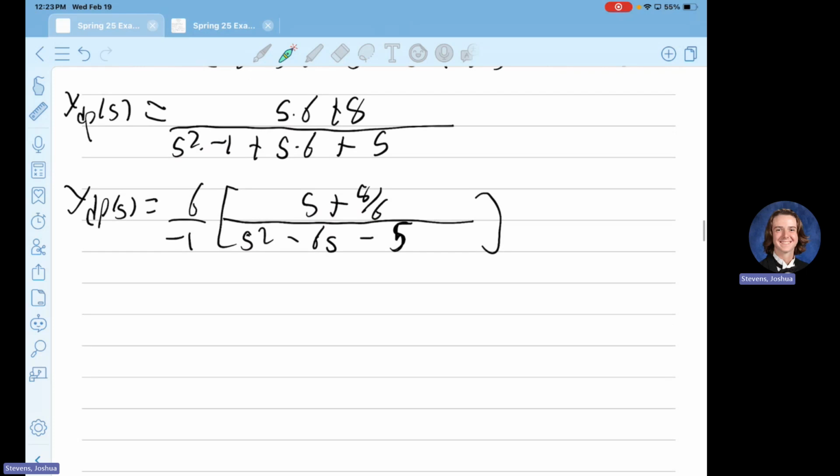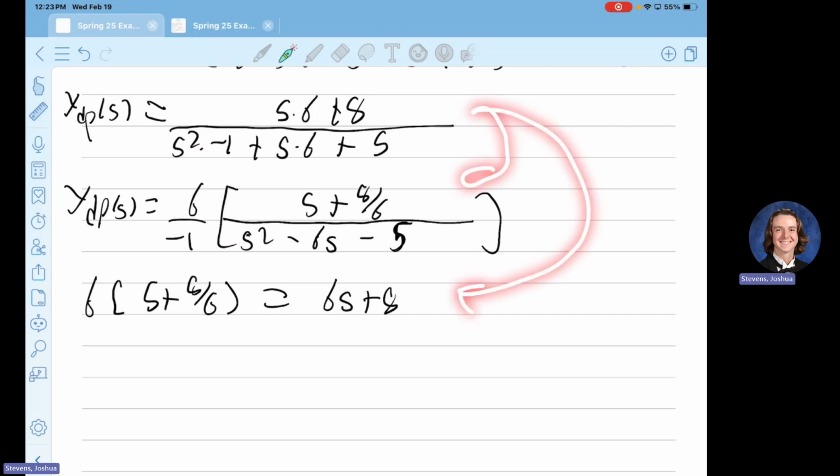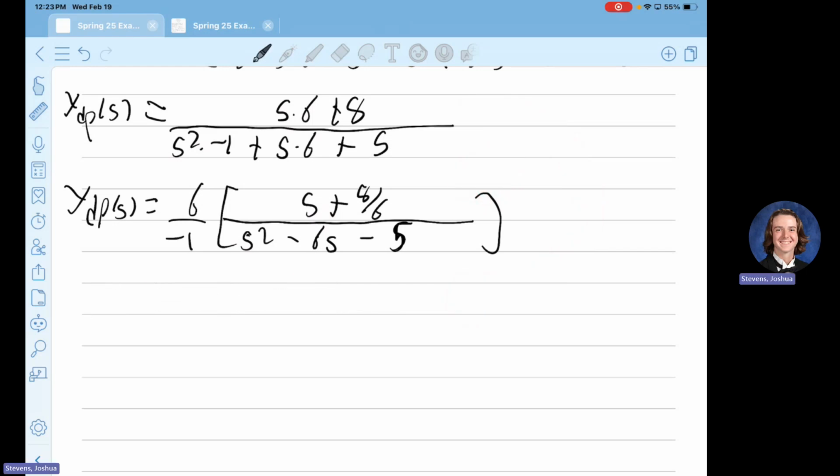If we multiply this 6 times S plus 8 over 6, we get 6S plus 8. So these are equivalent. Does that make sense? Same thing with that bottom one. That's just a form that we want, because we want to always get it into that K in the form. And our K in this case is negative 6.